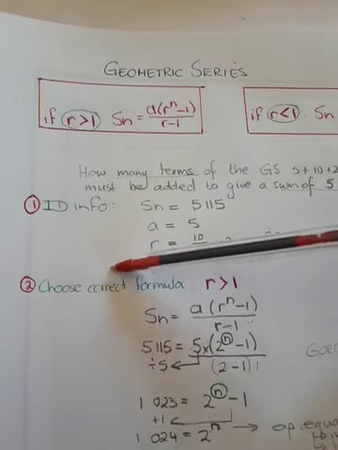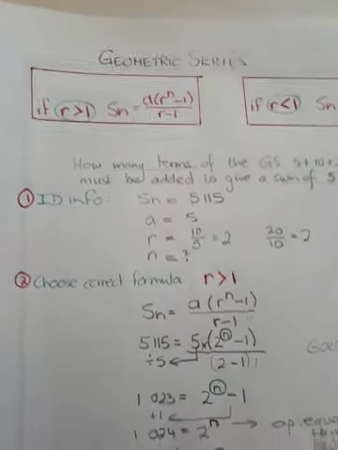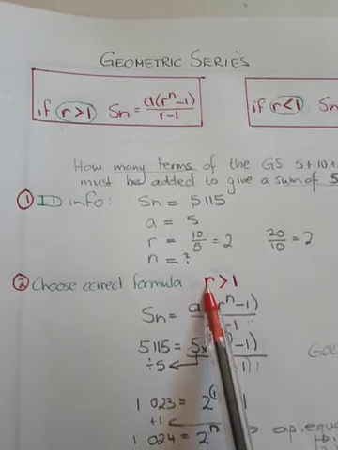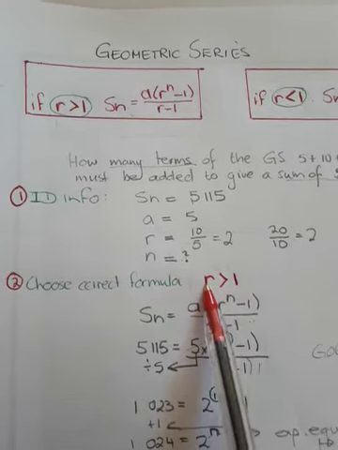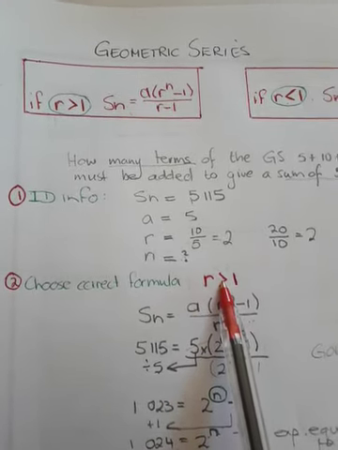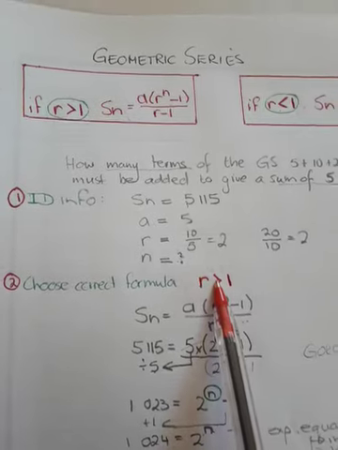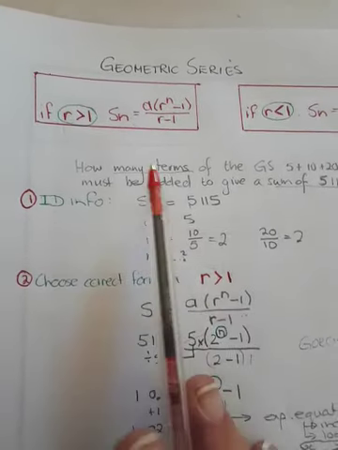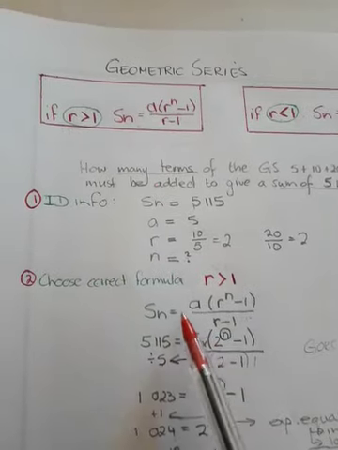Step number 2, choose the correct formula. And there you will always start by specifically identifying your ratio. Is your ratio greater than 1 or is your ratio less than 1? That is important. You must check that out because that determines which formula you're going to use.